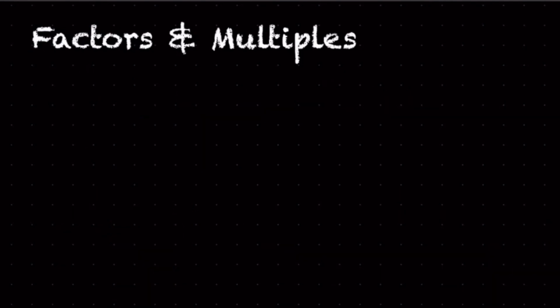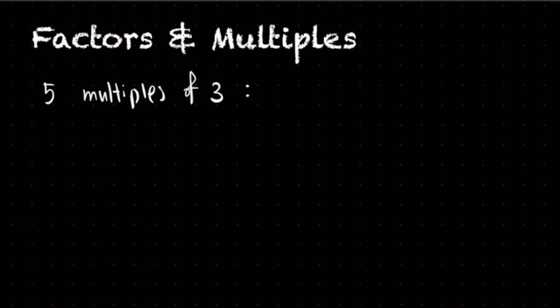Now let's go on to multiples. What are multiples? Multiples are a whole number multiplying another whole number. So usually they will ask you what are the first 5 multiples of 3.